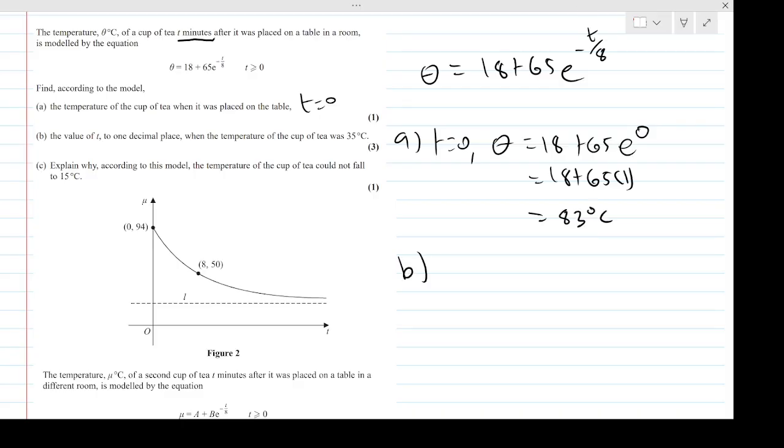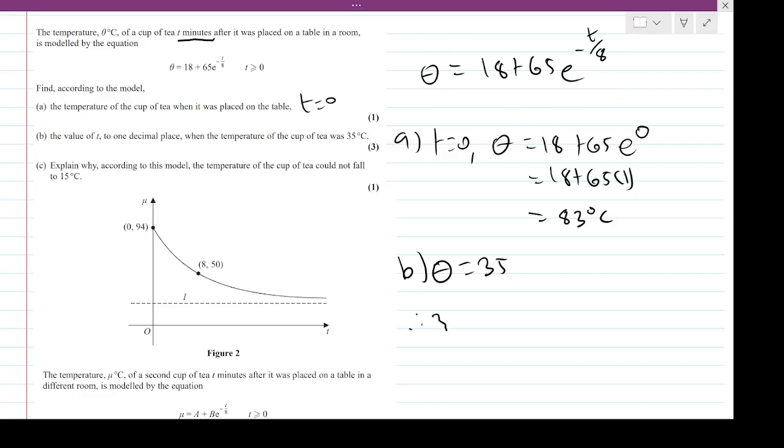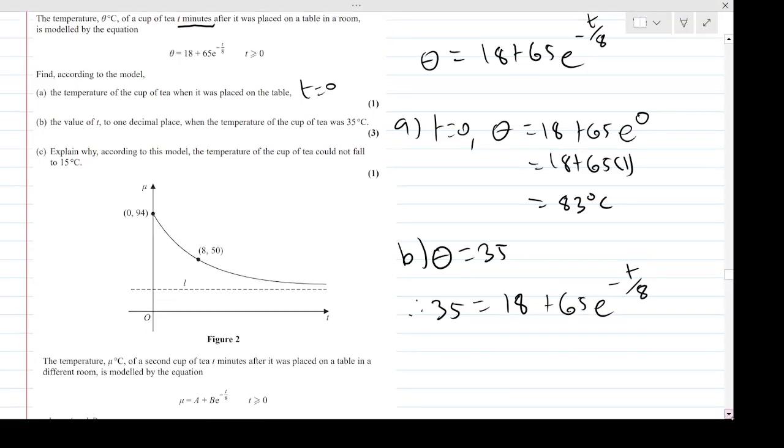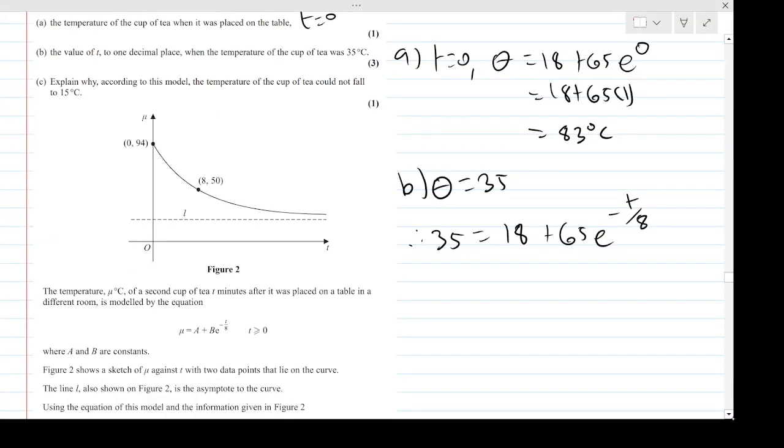Part B then, it says find the value of t when the temperature was 35. So now the temperature theta is 35. If I sub that into the equation, we get 35 equals 18 add 65 e to the negative t over 8. If I subtract 18, firstly, 35 take away 18 is 17.